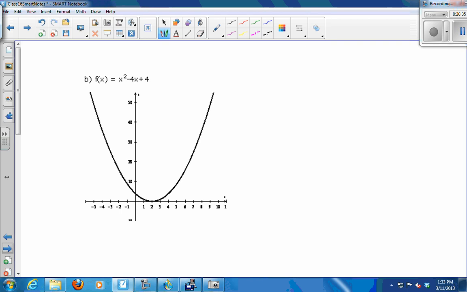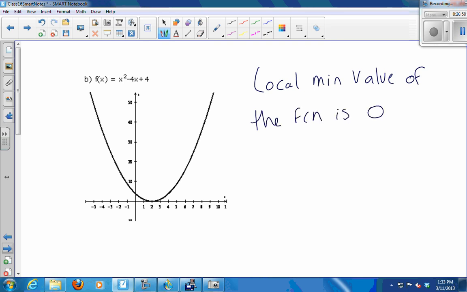What is the local minimum value for this function? 0. And it occurs at x equals 2. So here, the local minimum value of the function is 0. That's the lowest the function goes, y equals 0. It occurs at an x value of 2.